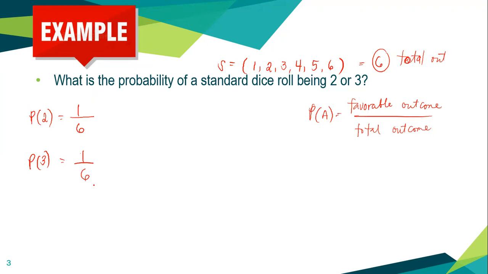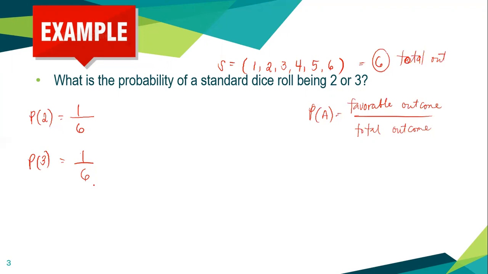Tama ba? So, ngayon, the question is, this example mutually or not mutually exclusive? What do you think? This example is mutually exclusive. Tama? So magkaiba sila.